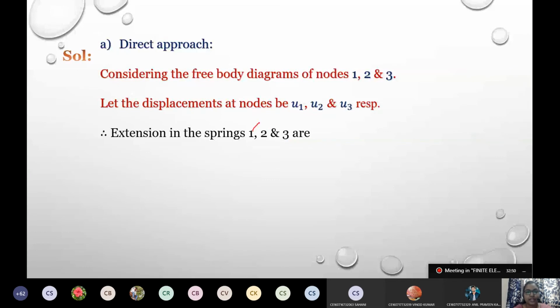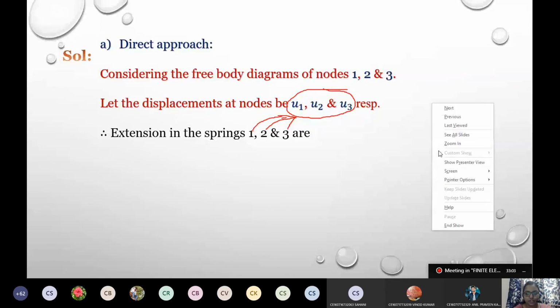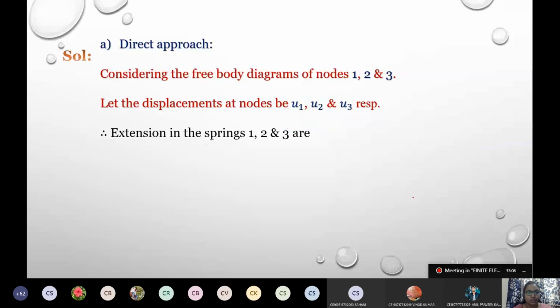Whatever extensions you get of the springs will be related to the displacements of the individual nodes. So depending upon that, we are going to get the solution now. All right. So let us see. The extension in spring 1 is directly the displacement at node 1. Spring 1 is only attached to node 1. If you look at your figure, that will help you more. Just check the figure.